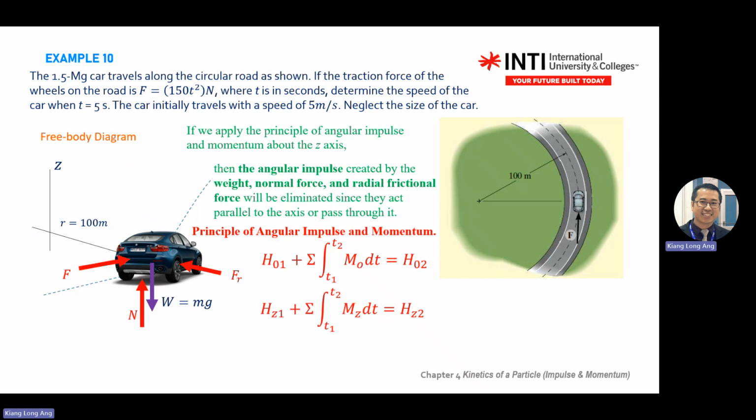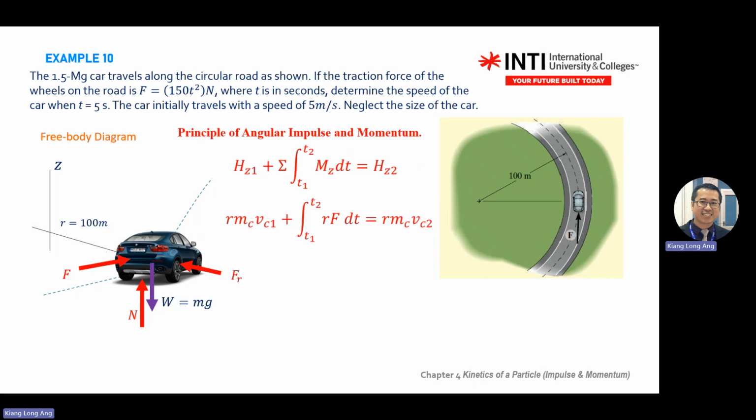So in this case, you change the general equation into the z direction, using the right hand rule. So you put in all the parameters. Angular momentum is r cross mv. The angular impulse is on the individual bodies, so we can use impulse. Angular impulse is moment times time.